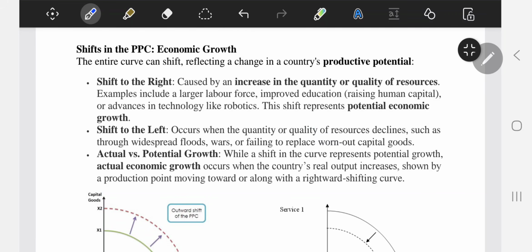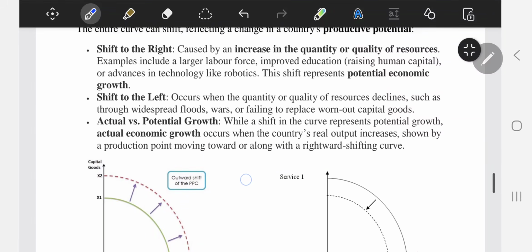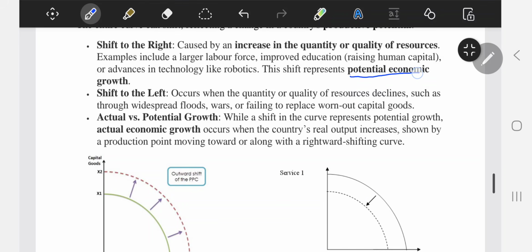Now, remember this PPC is a possibility curve. So the shift to the right is basically going to be showing potential economic growth. It's very important for you to remember that, because when you get to the chapter on economic growth, you're going to tell the difference between potential economic growth and actual economic growth.